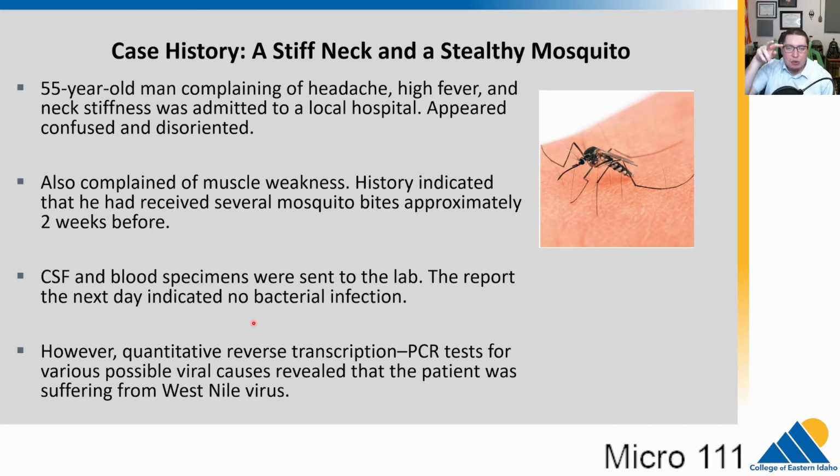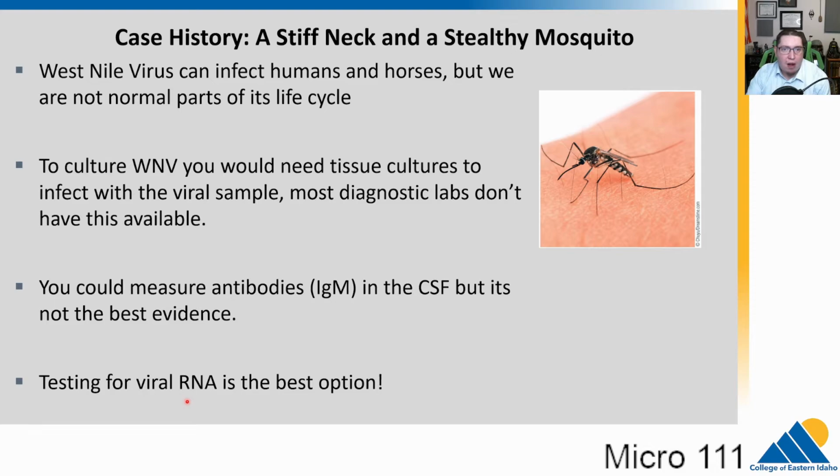And each one of these has a specific primer pair, so we set up a whole bunch of reactions for a bunch of common viral infections in that particular region. In this case, we find it is West Nile virus. West Nile virus can infect humans, horses, and some other organisms.